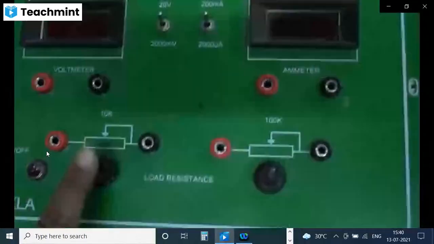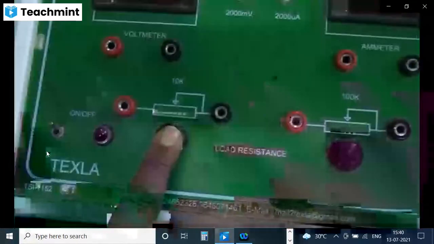Now, students, if you connect both ends, it will act as a resistor.